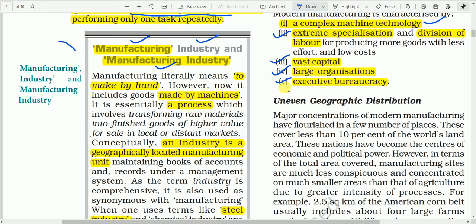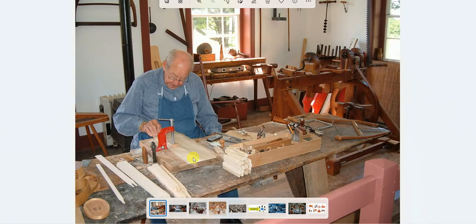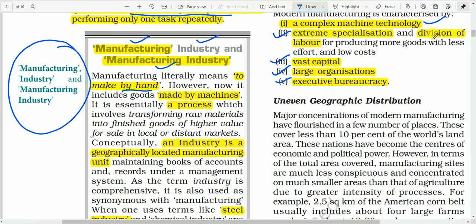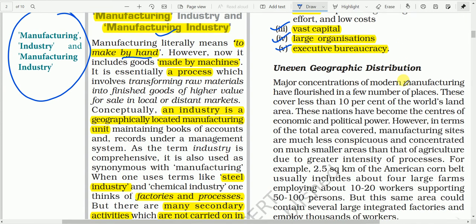Next, let us find out the differences between manufacturing, then industry and manufacturing industry. So what are the differences? Let us read the box. Manufacturing literally means to make by hand. I have shown the photographs also. However, nowadays it includes goods made by machines.